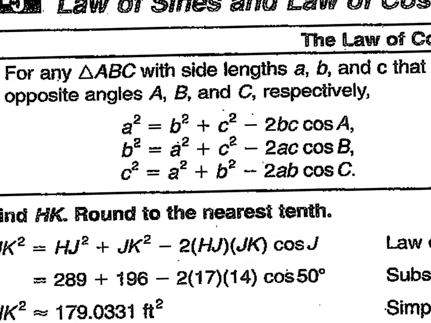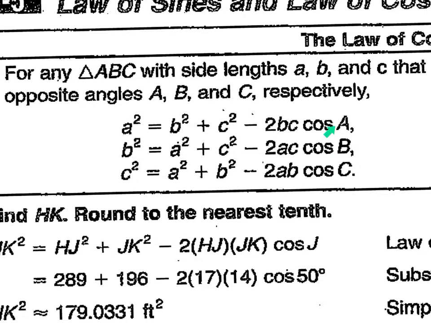But all you have to remember is, if you're looking for one of the sides, A, B, or C, if one of the sides is missing, and the other two sides are given, so you're missing one of the three sides. Or you have the three sides given and an angle is missing. When you have three sides and an angle is missing, you can use the law of cosines.